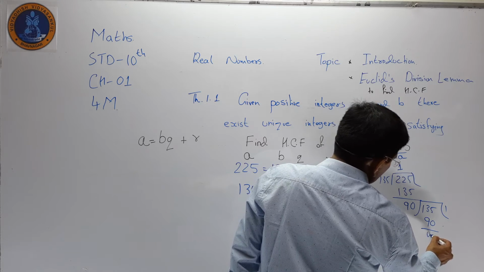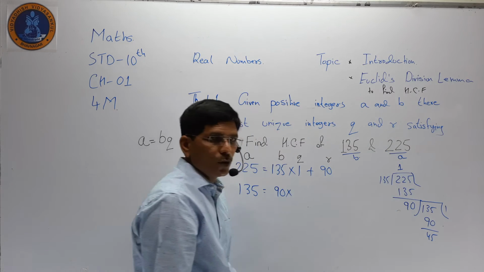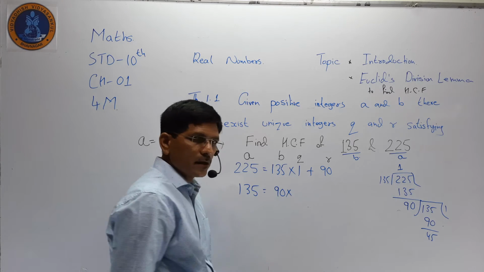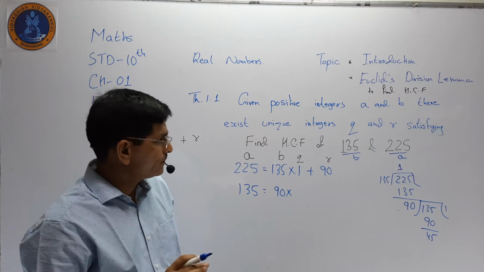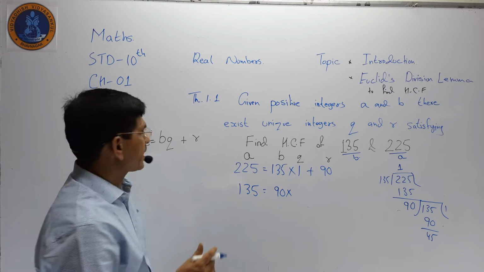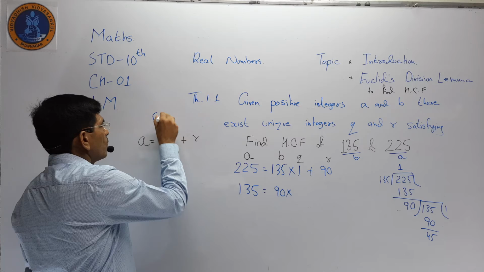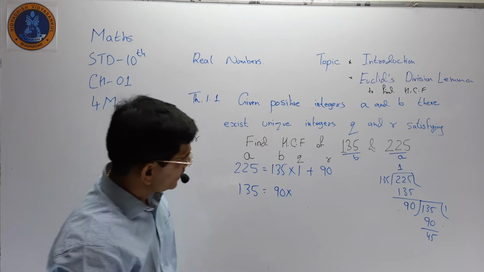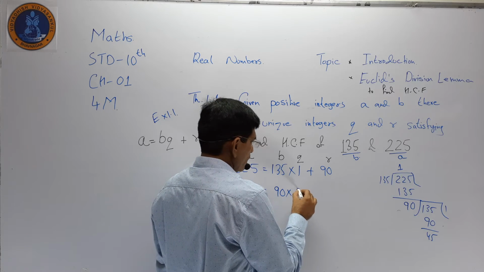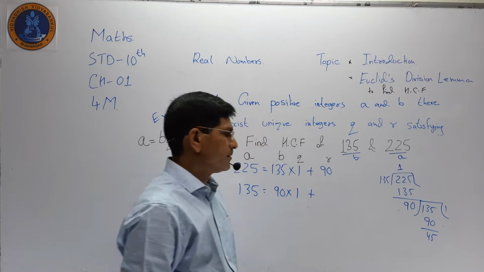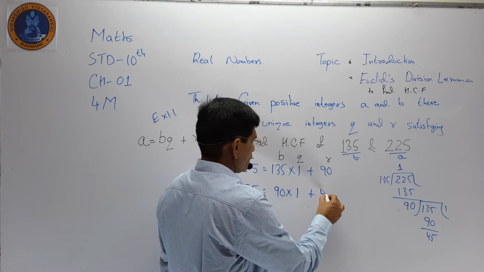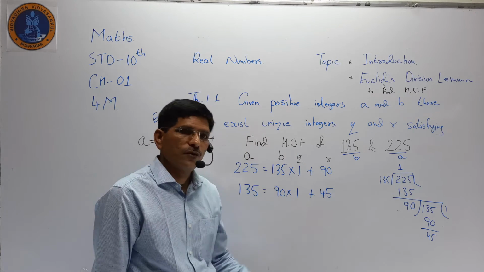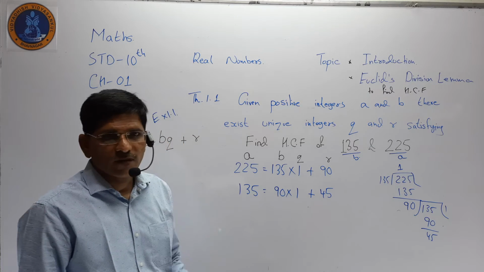We cannot take 2 because 90 twos are 180. It is greater than 135. I am discussing about exercise 1.1, question number 1. So 90 into 1 plus remainder, that is 45. 90 plus 45, you will get 135.